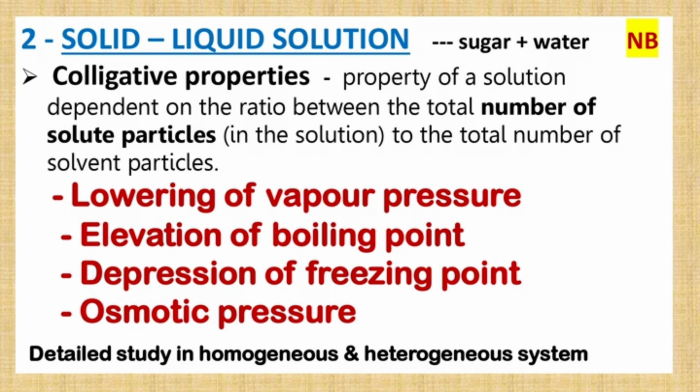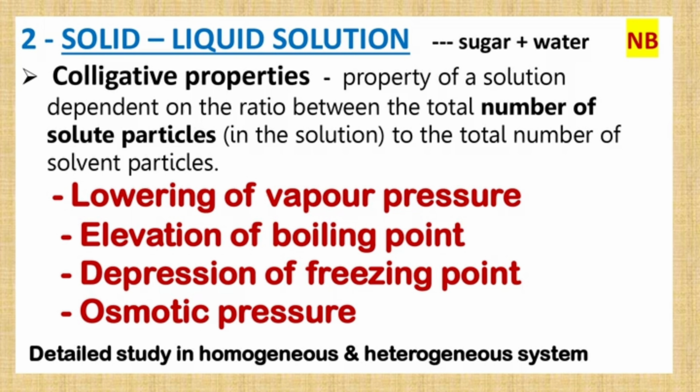Mainly in this portion, colligative properties are very important in pharmaceutics. We can expect questions based on that, but we are not discussing a detailed description of colligative properties here, because we will study them in detail in homogeneous and heterogeneous systems. So that's why I didn't mention it here.